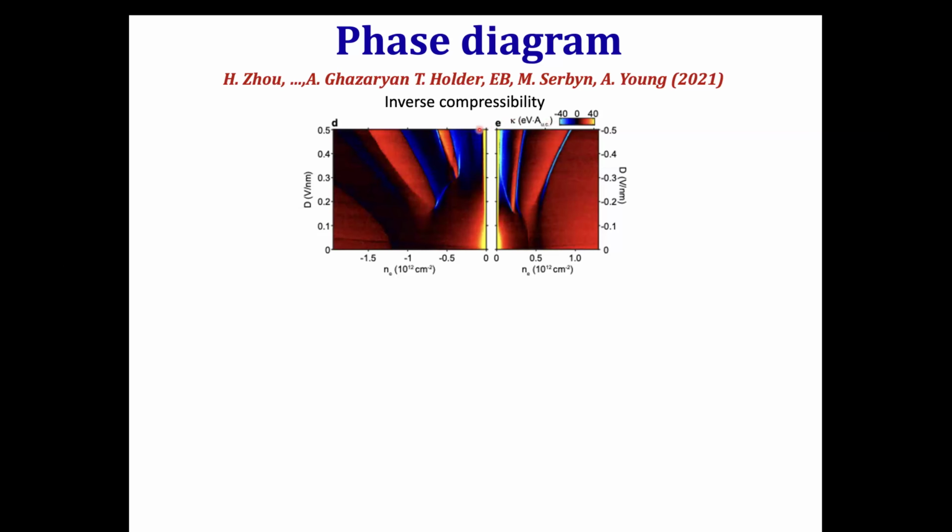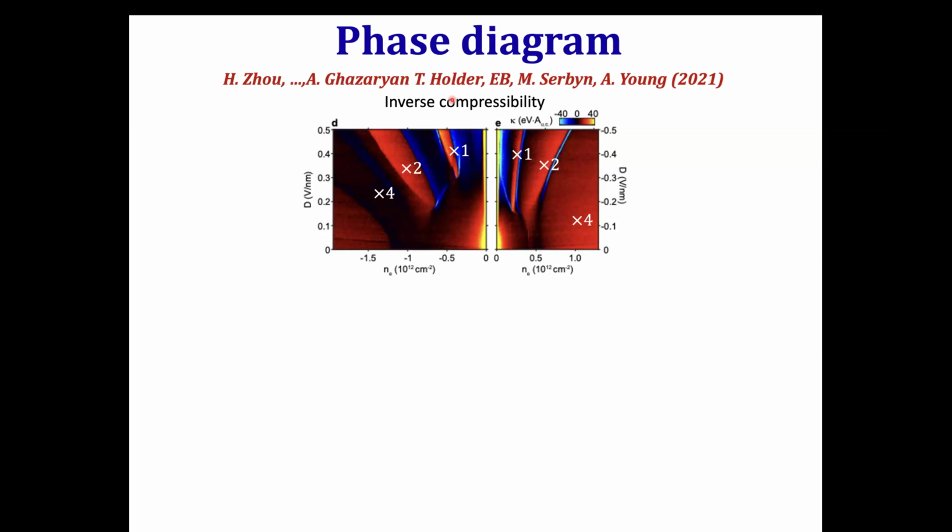The first thing that jumps at you is that at finite displacement field, you see these very sharp features that depend on both density and displacement field. These are actually phase transitions. This phase diagram is actually mapped in great detail. It turns out that what's happening between these different regions separated by sharp transitions is that the system is undergoing symmetry breaking transitions.